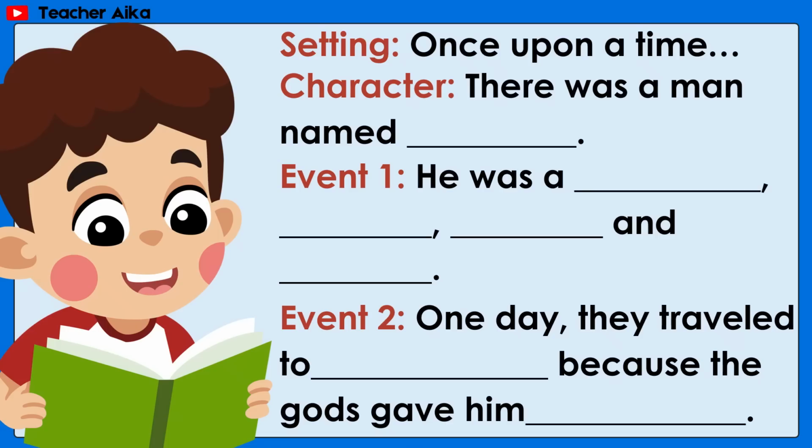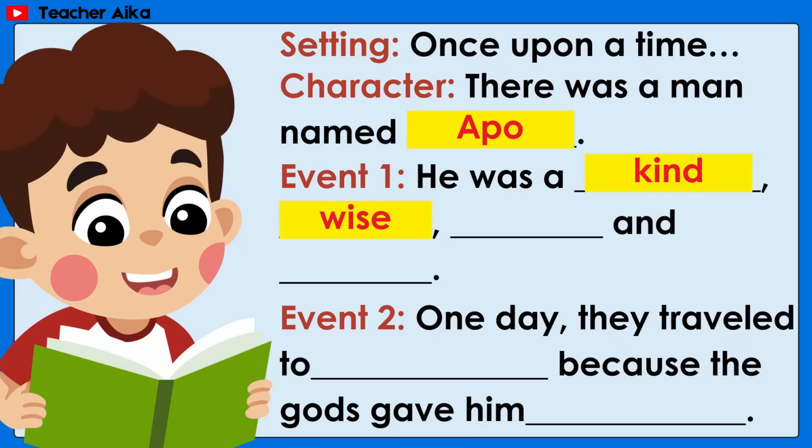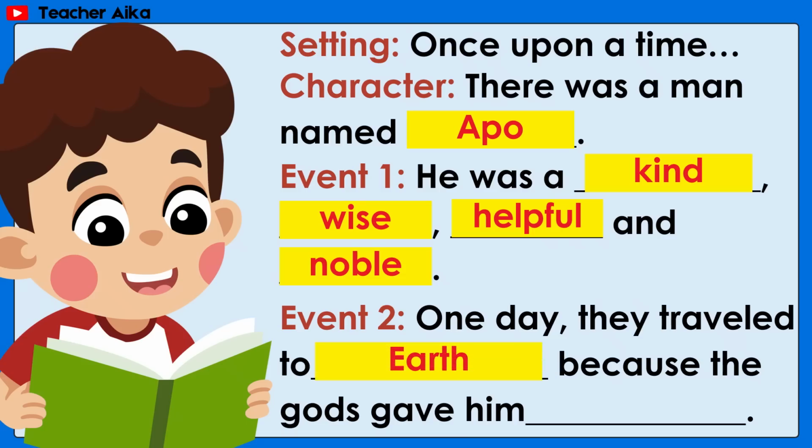Let's try to answer. Setting: once upon a time. Character: there was a man named Apo. Event 1, he was kind, wise, helpful, and noble. Event 2, one day they traveled to Earth because the gods gave him the whole world.